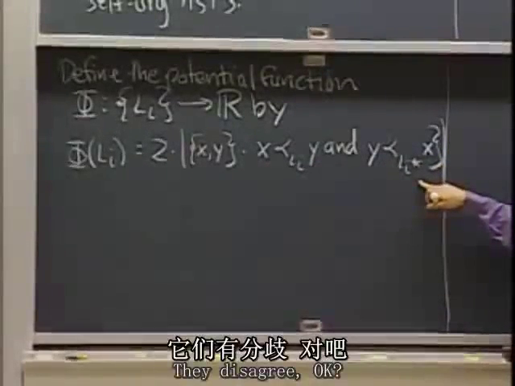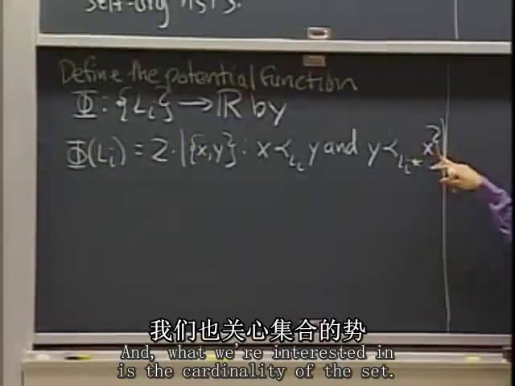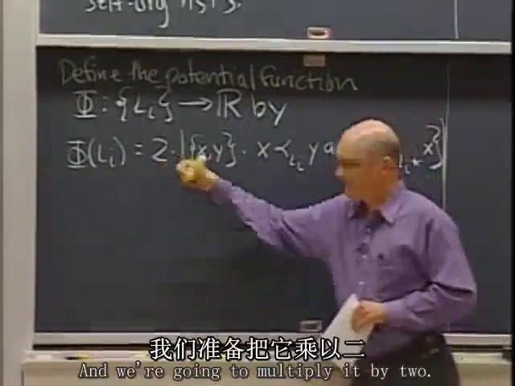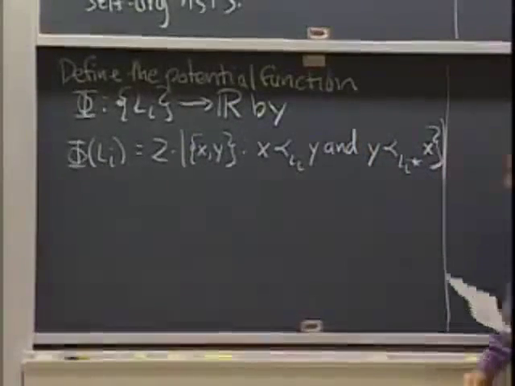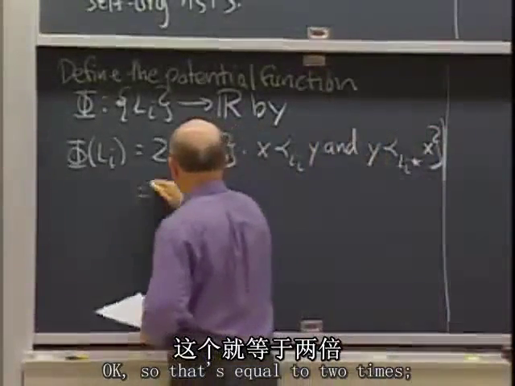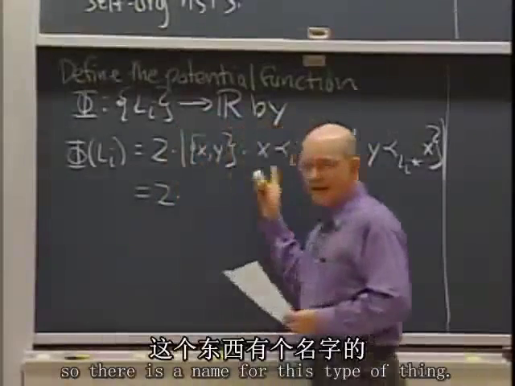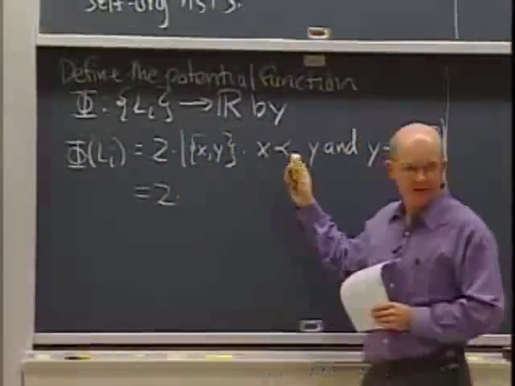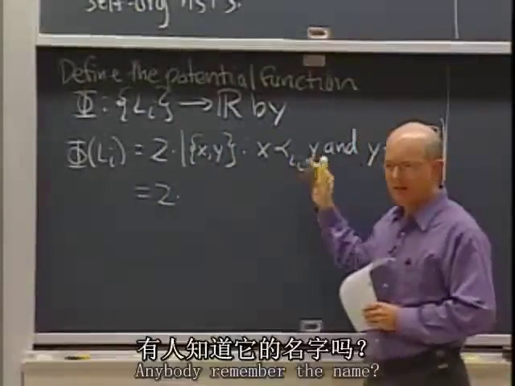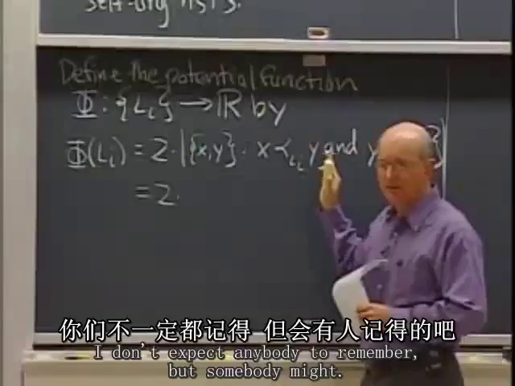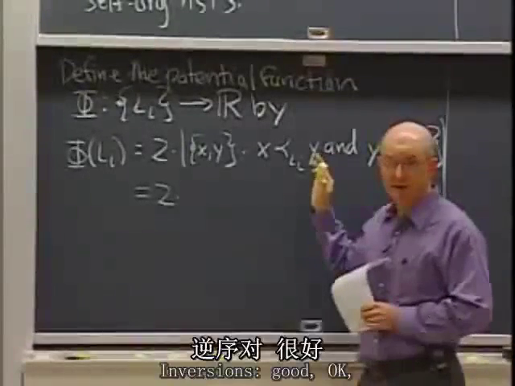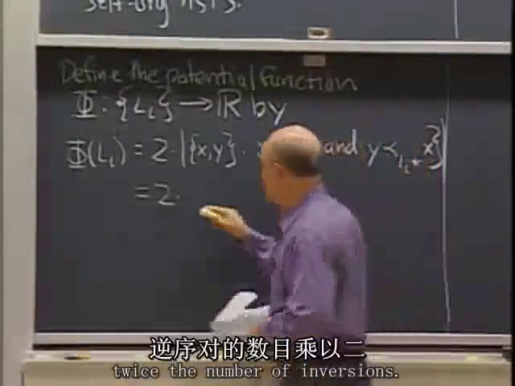They disagree. Okay? And what we're interested in is the cardinality of the set, and we're going to multiply it by 2. Okay? So that's equal to 2 times, so there's a name for this type of thing. We saw that when we were doing sorting. Anybody remember the name? Inversions, good. Okay, twice the number of inversions.